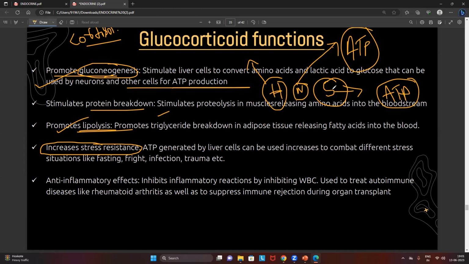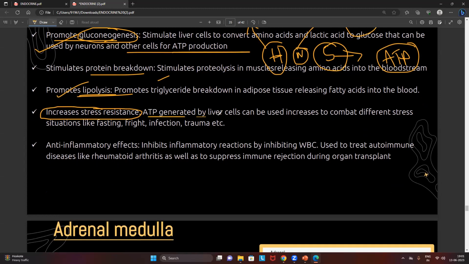So what happens now? Whatever ATP is generated by the liver cells can be used, because you know, right, the liver is the king of metabolism. So in the liver only, mostly the entire glycogen is getting broken down. As a result, we'll get more ATP.